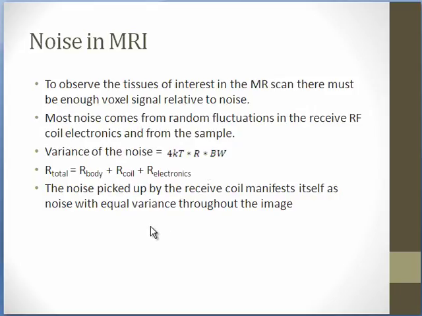And it's also important to know that the noise that the receive coil picks up manifests itself as noise with equal variance throughout the entire image. Remember that the signal itself is one-dimensional, and when we sample the signal, in order to go from a sampled signal to image space, we have to take the discrete Fourier transform.